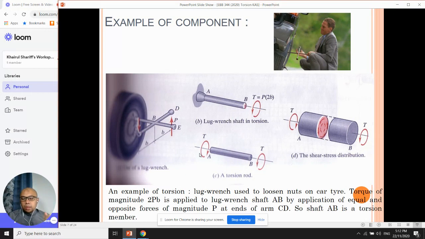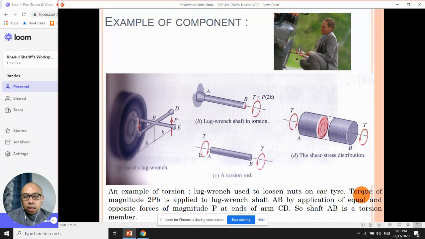So during this you need to apply the load as well. The lug wrench is made from steel, from metal, and when you rotate it, of course it will apply torsion inside the lug wrench as well, towards the nuts or bolts installed together with the tire.